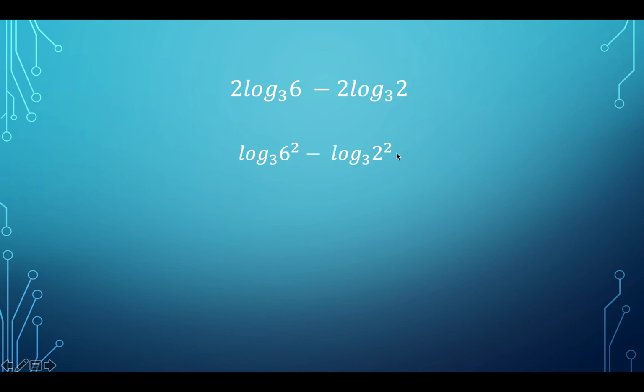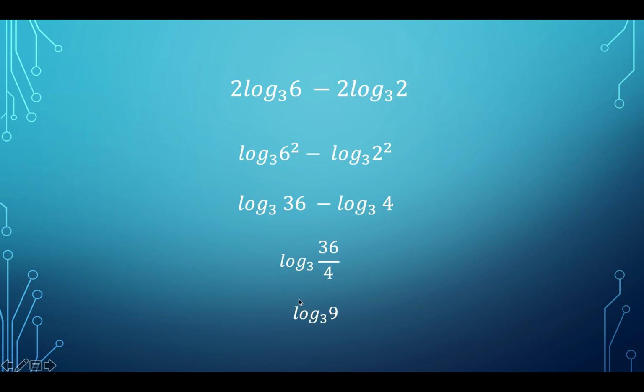Now let's go ahead and simplify. Let's go ahead and square 6 and square 2. So now I have log base 3 of 36 minus log base 3 of 4. So what's the subtraction sign tell you? That means we are dividing. So now we have log base 3 of 36 over 4.